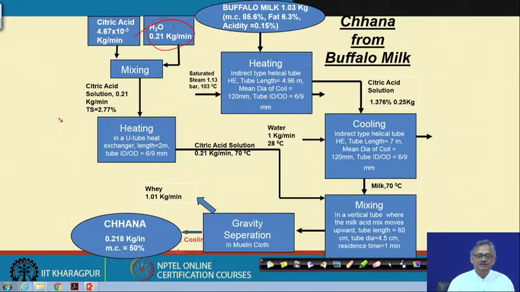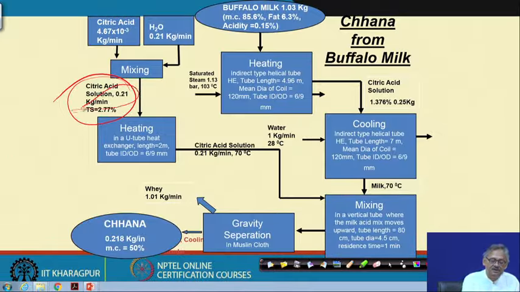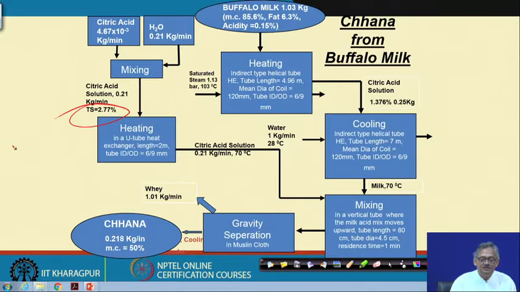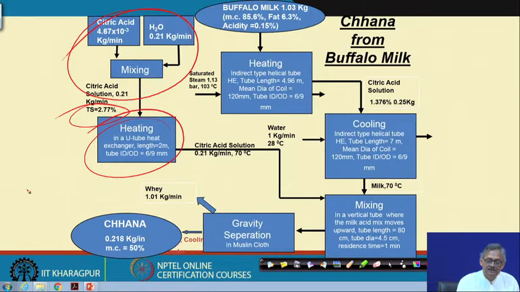So, they are now mixed. After mixing, this makes a citric acid solution of 0.21 kg per minute, because your water was there and the entire acid is soluble in water. So, you got a total solid of 2.77%.